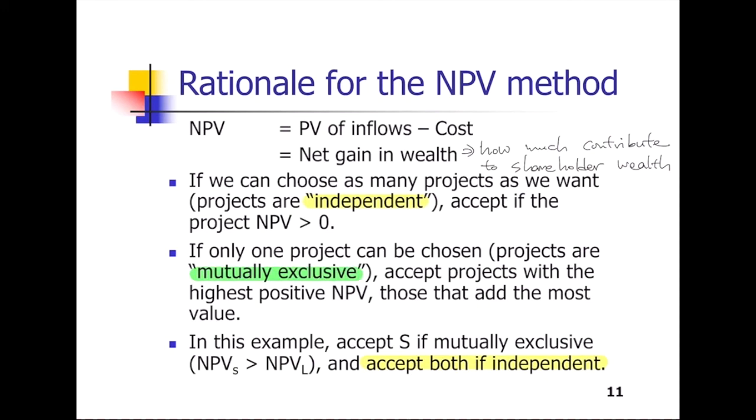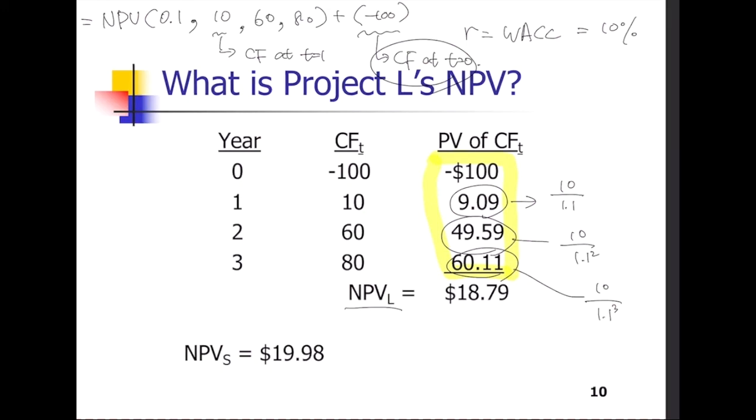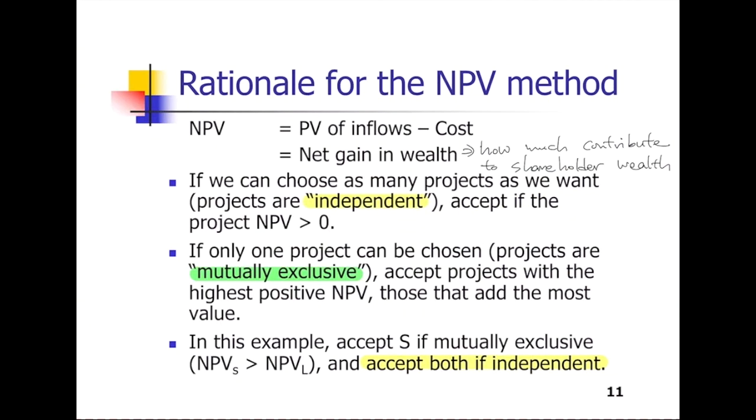In this case, accept the project with the highest positive NPV, the one that adds the most value, right? Add most value to whom? The shareholders, right? Shareholders' wealth. So as you can see, the NPV of project S is greater than the NPV of project L, right? So we accept S in the mutually exclusive case. Yeah, that is the conclusion of the NPV method.